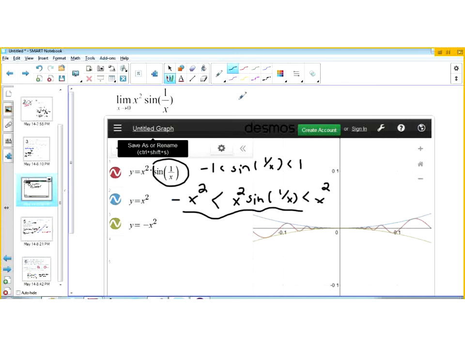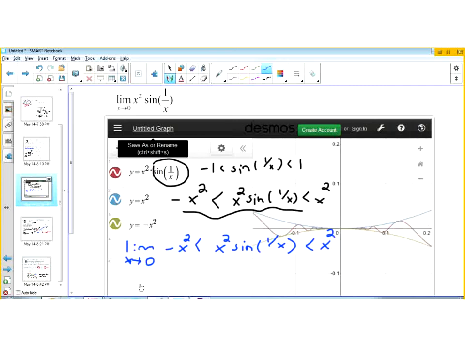We could use direct substitution. Based on the theorem from the previous slide, we can take the limit operator and distribute it term by term in the inequality as well. So I have this result.